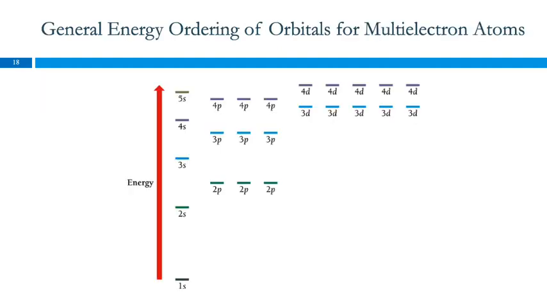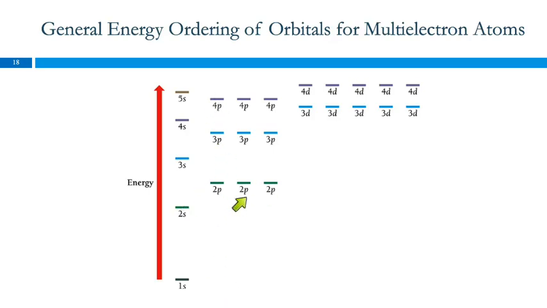So here's the general energy ordering of orbitals for multi-electron atoms. I think of this red thing here as being the elevator in the hotel. Here we have the 1st floor, and here we have the 2nd floor. This is not representing necessarily how high they are, but the price.